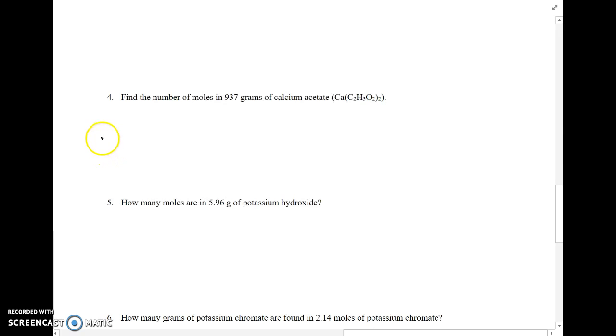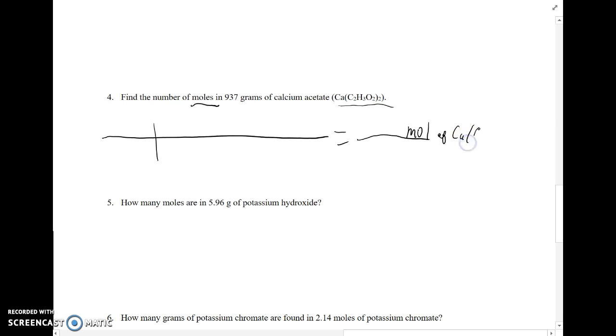I will begin by drawing my dimensional analysis setup. This question is asking me to find the number of moles. So I want moles, and we're talking about calcium acetate. So moles of Ca(C2H3O2)2. That's what I'm looking for, moles of calcium acetate.